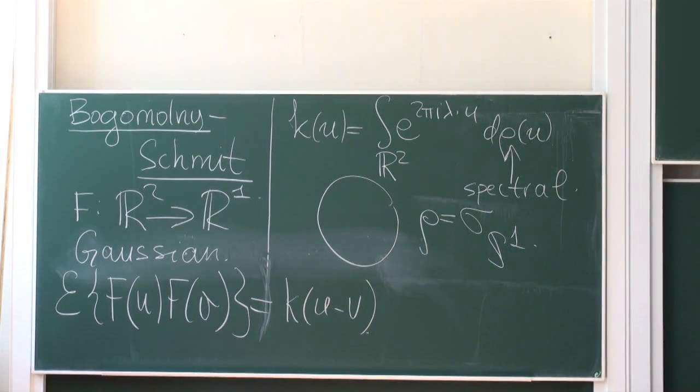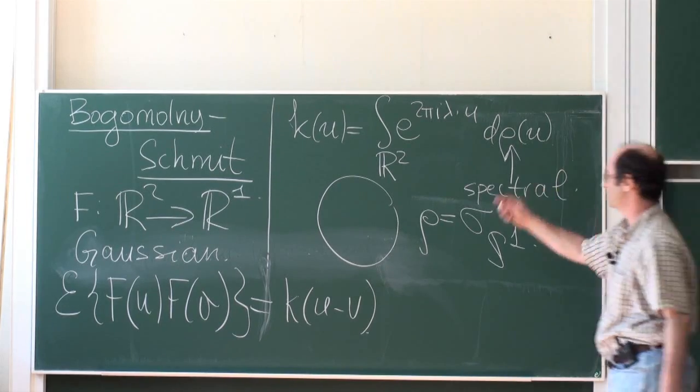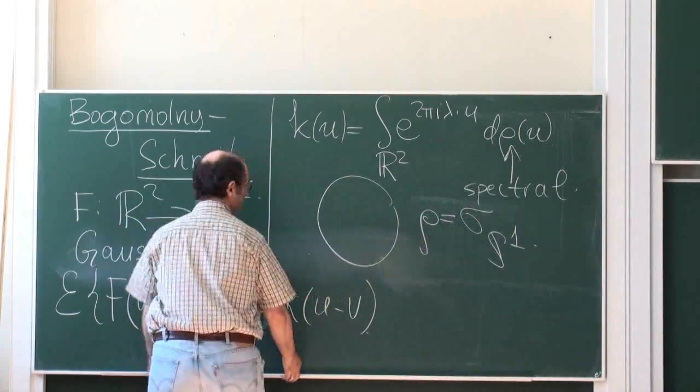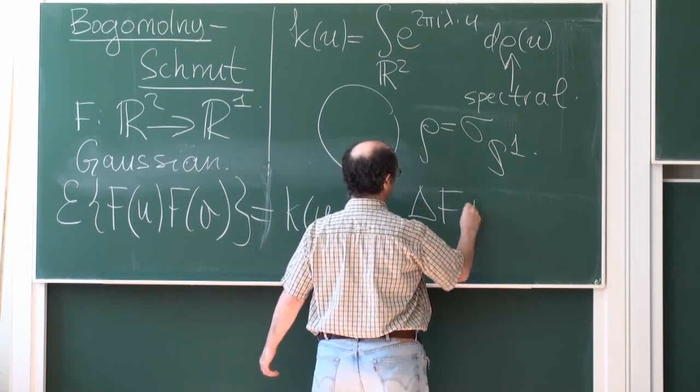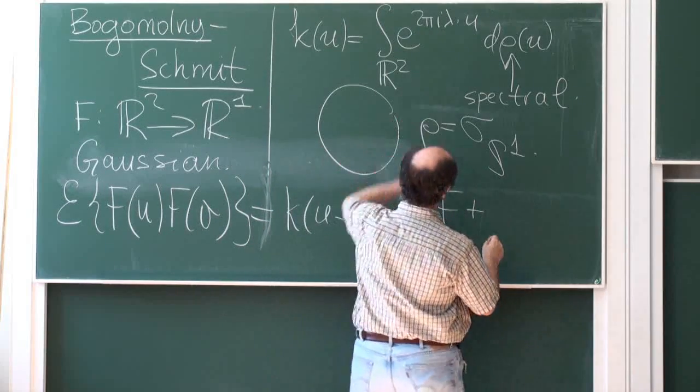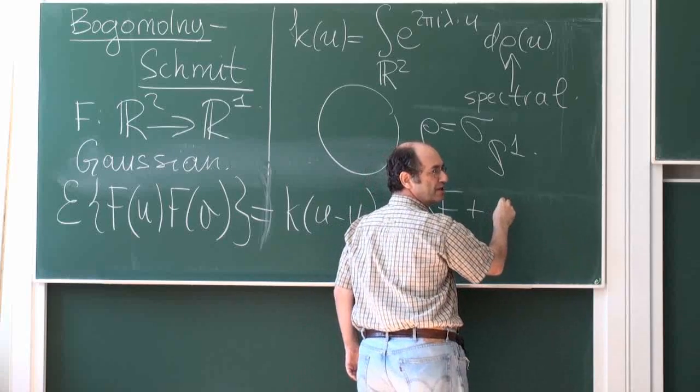Then clearly, this function f will satisfy the Helmholtz equation. Well, it depends. In my normalization, it will be 4 pi squared.